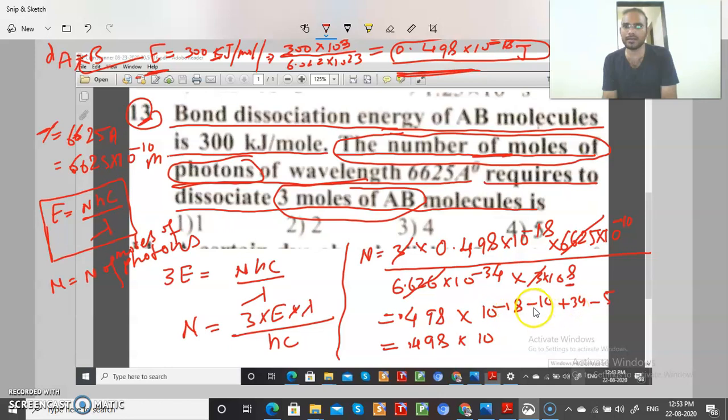Minus 18, and no, see, student, minus 28 minus 5 plus 34, right, student? So again you simplify, student. 0.498 multiplied by what, student? This one, that is 23. 10 power minus 33 plus 34. So how much is coming, student?